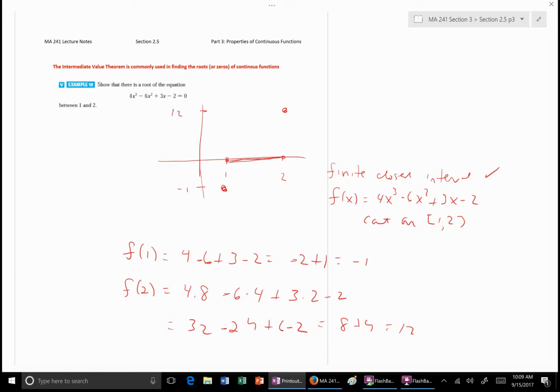So notice that I have a function continuous on a closed interval. It's negative at one point and positive at the other. So 0 is an intermediate value. 0 is between minus 1 and positive 12.